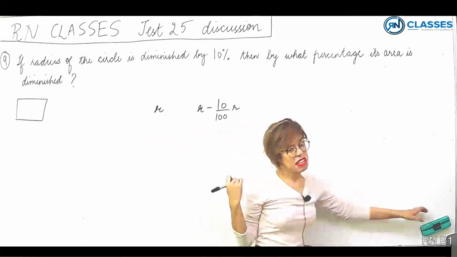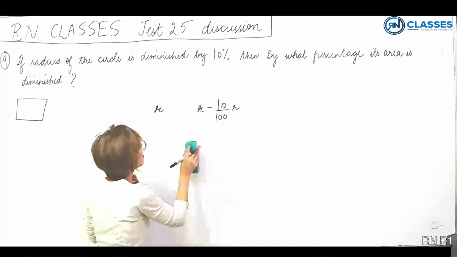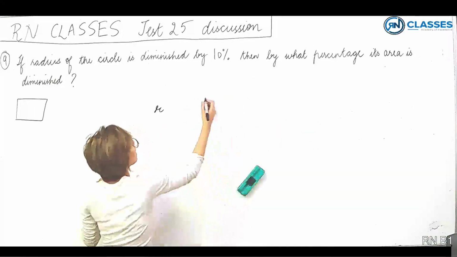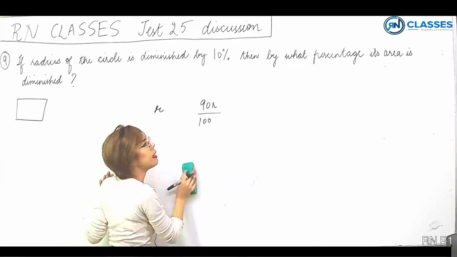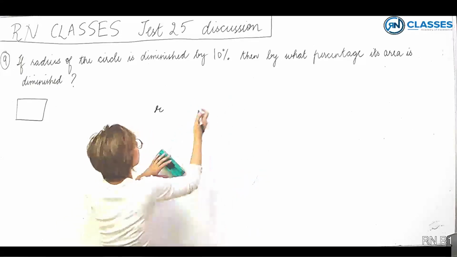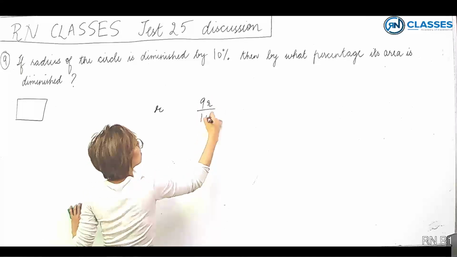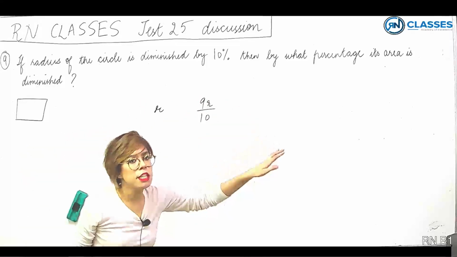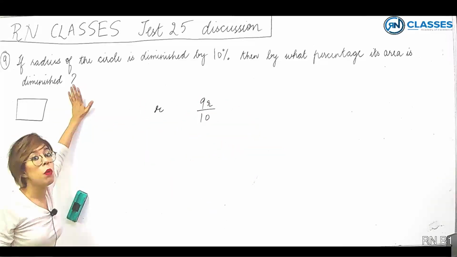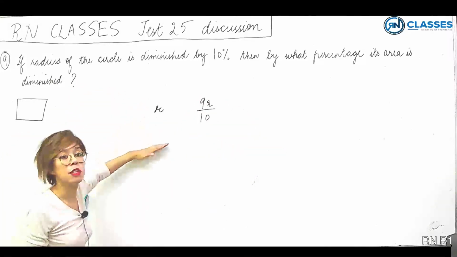I think we can write that directly anyway. So this is nothing but 90r by 100, or I can write as 9r by 10. Done. So I need to find out by what percentage its area is diminished. By what percentage its area reduced.